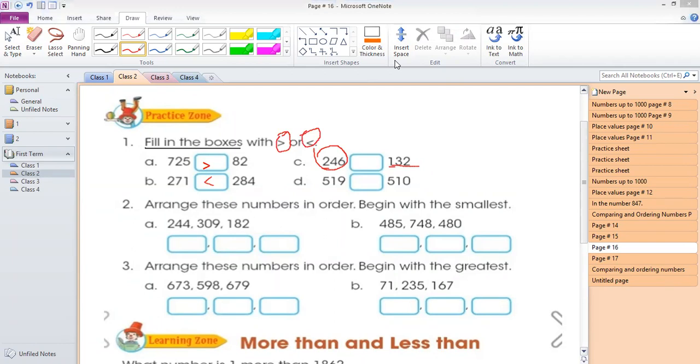246. Sami Al-Hiji. 246 and 132. Jamal Badr, very good. Abdul Malik Hassan, very good. Azam Saleh, very good. Abdullah, very good.